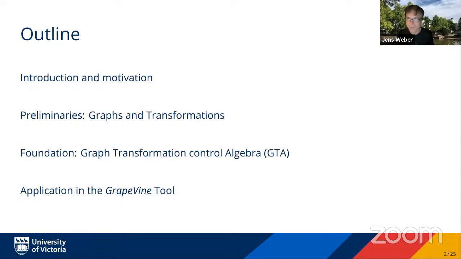That foundation piece is the graph transformation control algebra, which, maybe somewhat akin to the relational algebra for relational databases, defines the formal semantics for those functional programming languages that I'll talk about.